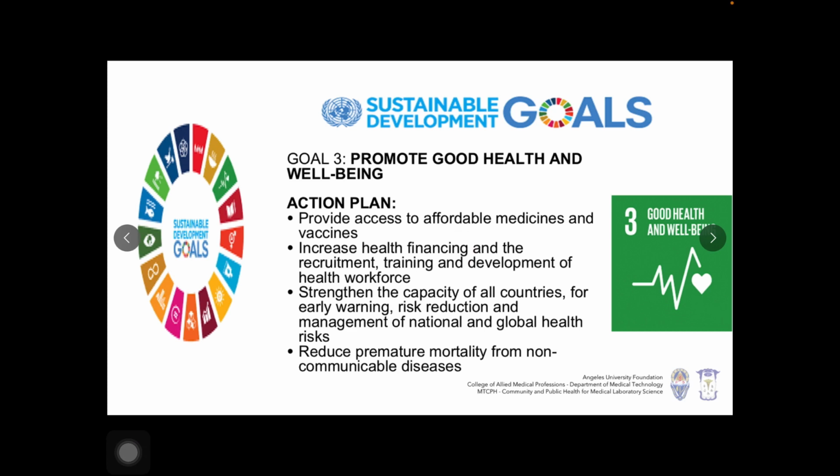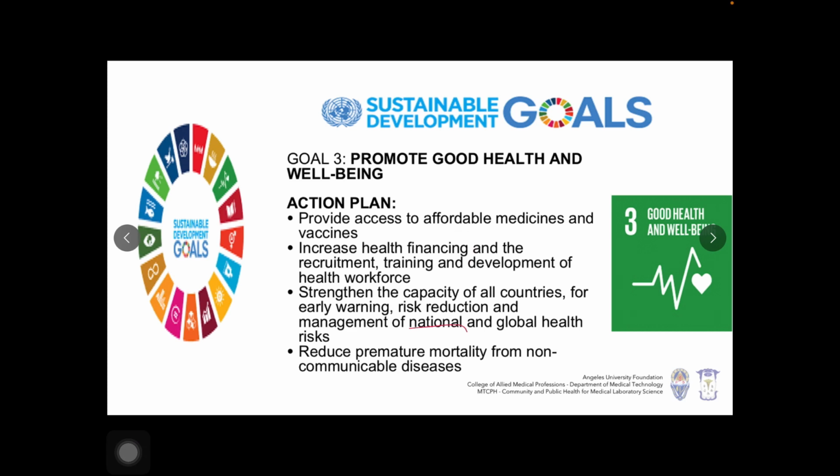The third one is to strengthen the capacity of countries for early warning, risk reduction, and management of global health risk by the various programs of the LGUs or the local government units for the prevention of the sudden onset of diseases.